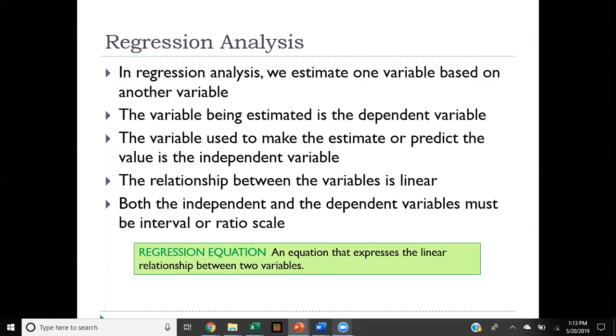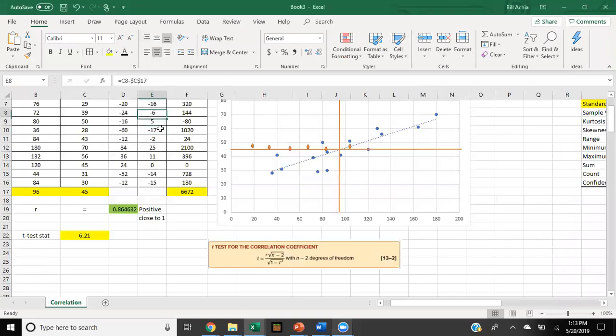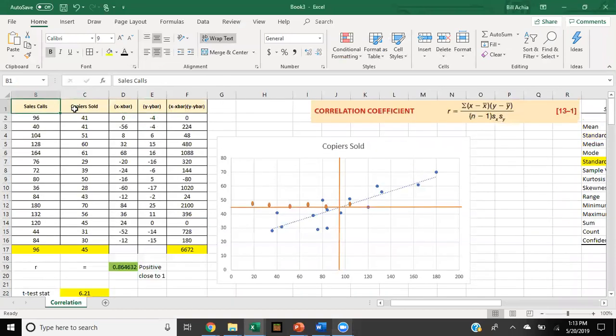Now let me explain this better. In correlation analysis, we say that yes, there's a strong relationship between the number of sales calls and copiers sold. But we do not actually assign causation in correlation analysis.